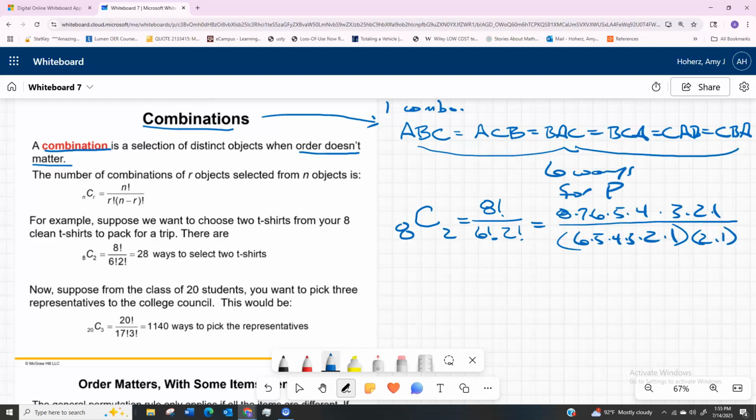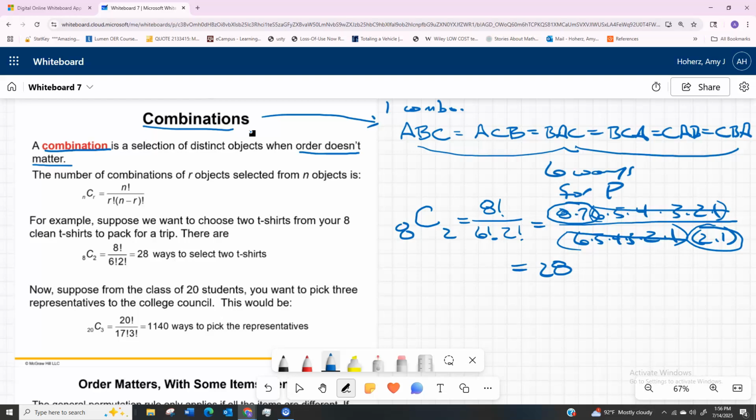So on top, everything from the 6 down would get canceled with this 6 down, and we would have 8 times 7 on top, just like with the permutation. However, we're going to divide that by 2 in this case, which is going to make a smaller number. So for a permutation, 8P2 would be 56, but with a combination, we divide that by 2 times 1 and only get 28.